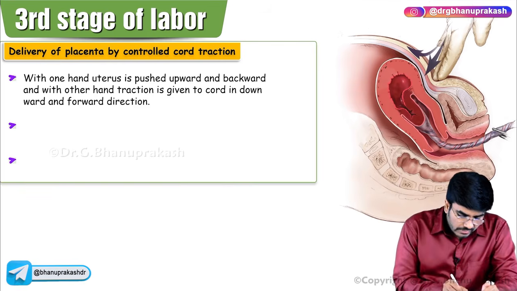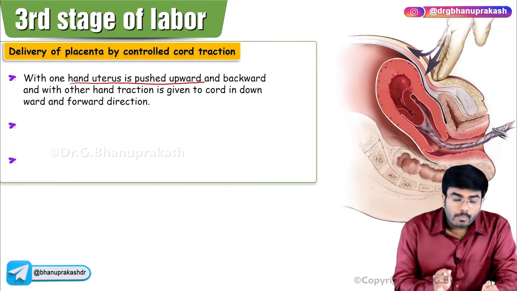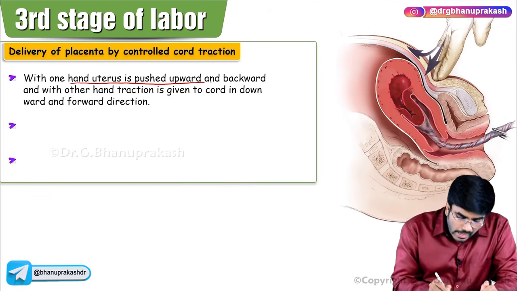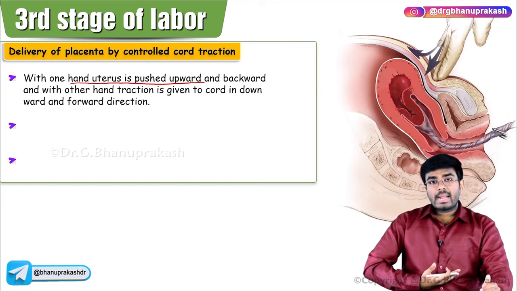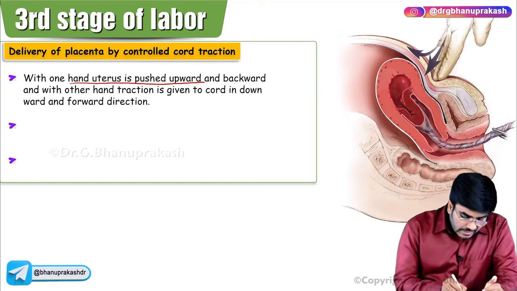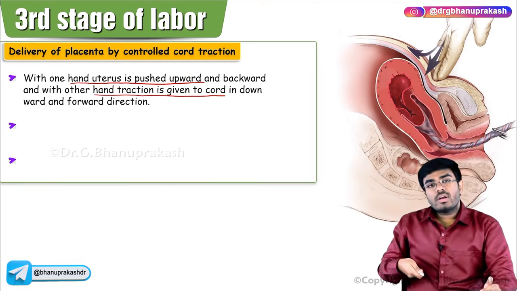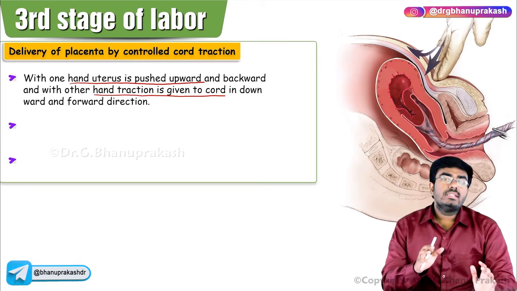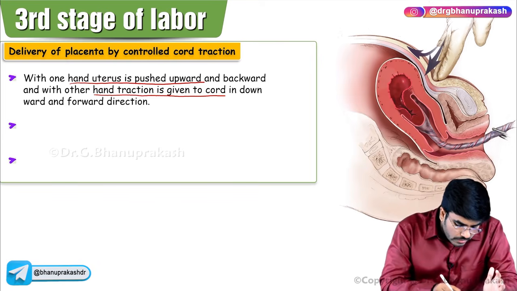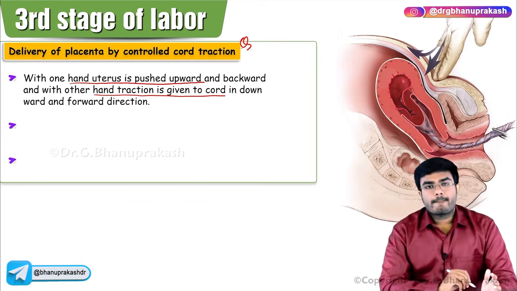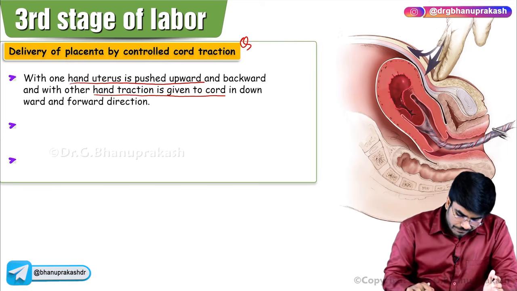So what to do? With one hand the uterus is pushed upwards and backwards, towards the head, and with the other hand traction is given on the cord downwards and forwards. So this is controlled cord traction. Now please concentrate.